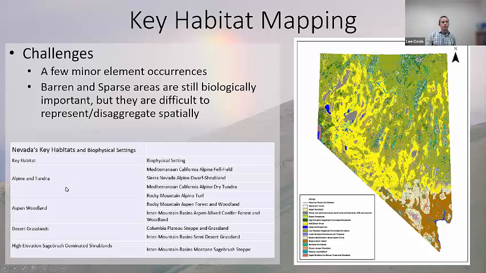It wouldn't be merged in this manner. There would be an individual row where alpine and tundra is repeated multiple times, for every single biophysical setting. That allows me to keep notes and other things in there as well, to send out to staff for review along with the biophysical setting descriptions so that other people can review that.